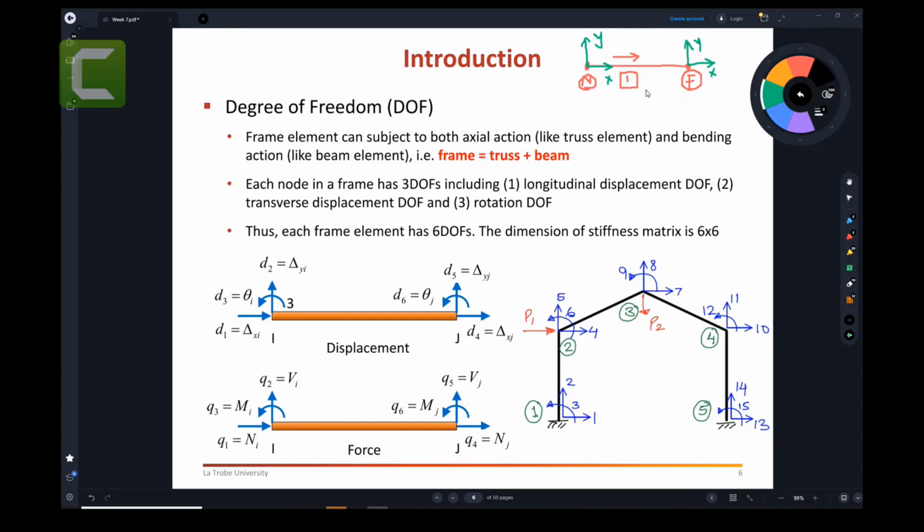So for this truss element we have a total of 4 degrees of freedom, each node having 2. Everyone okay with that truss element, right?